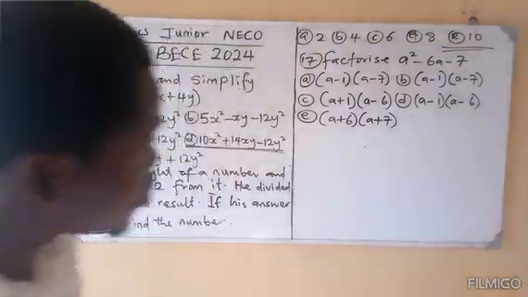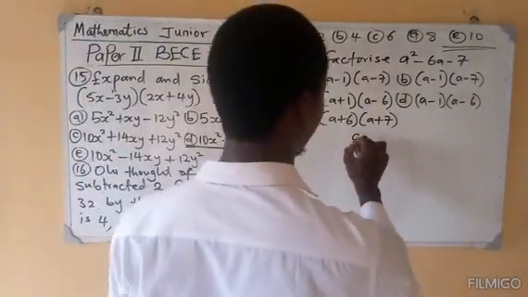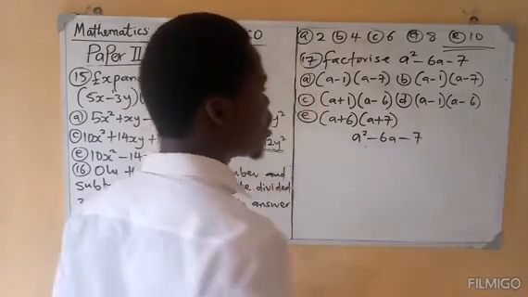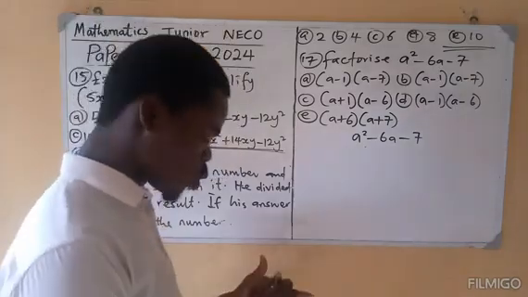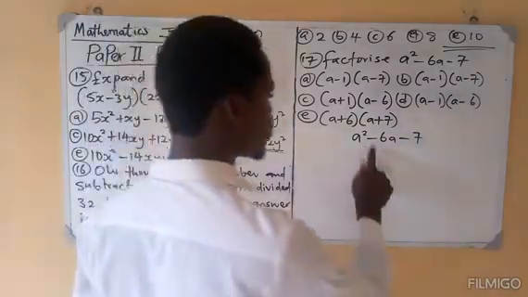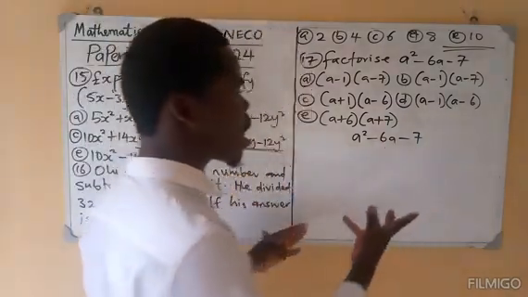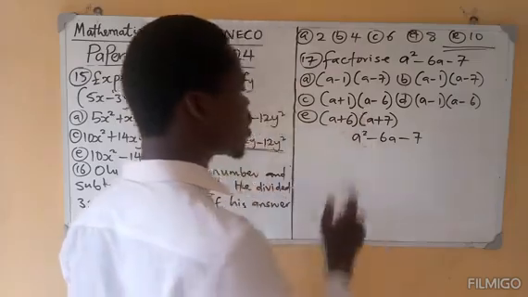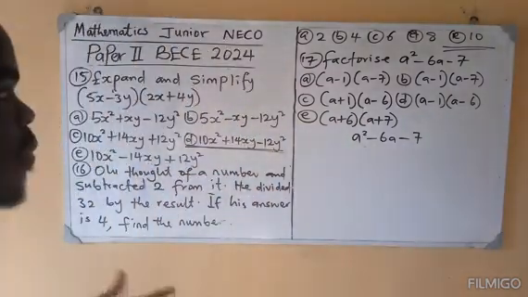All right, to factorize that, we have a squared minus 6a minus 7. So we need to think of two factors that will replace minus 6a, and when you multiply them together, we definitely have minus 7a squared. So what is the factor?